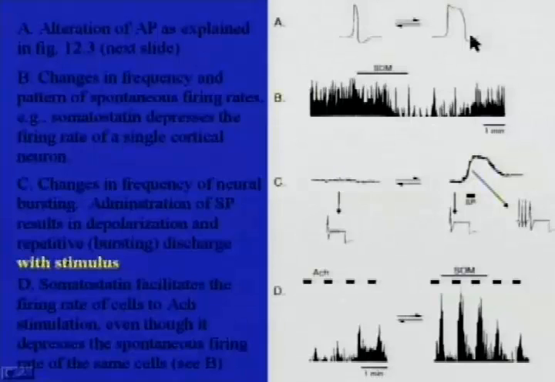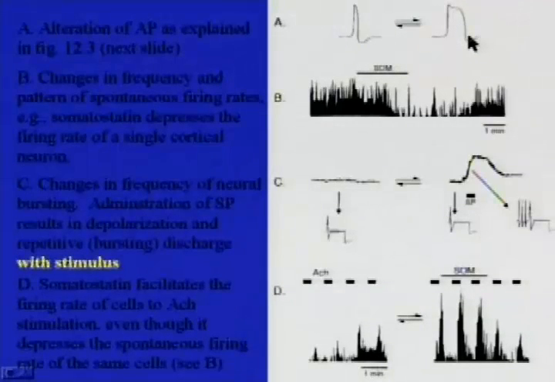This indicates an alteration in the time that the ion channels stay open. So if the potassium channels don't open in time, or if sodium or calcium channels stay open during this time, or a combination of those two, you can change the shape of the action potential such that it takes on this characteristic appearance.